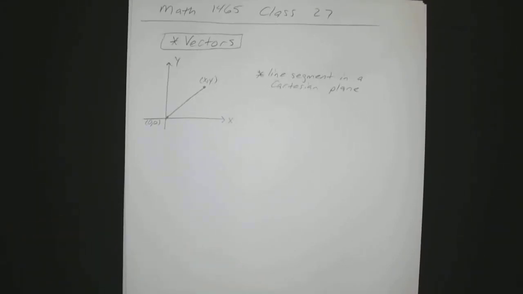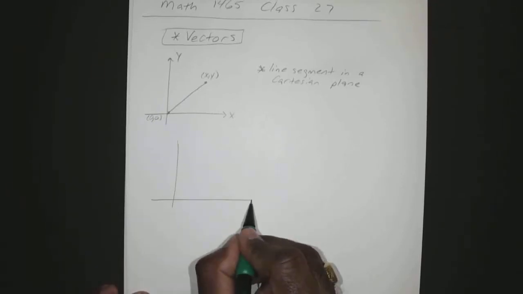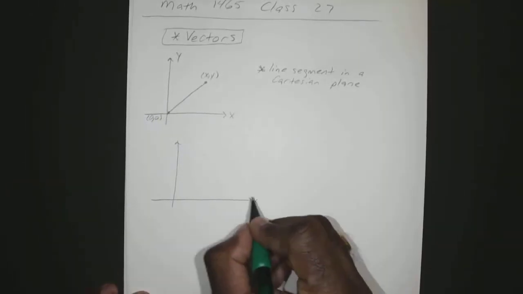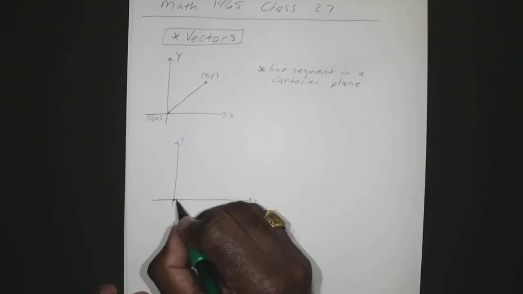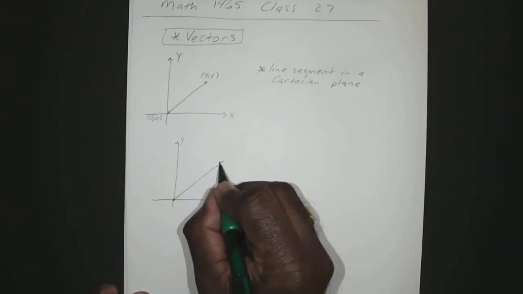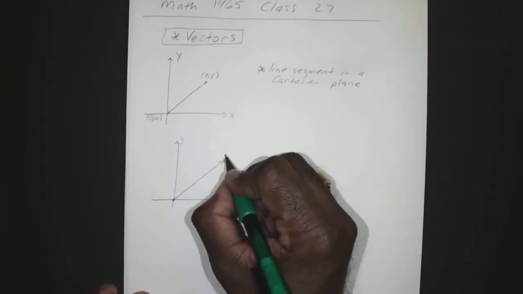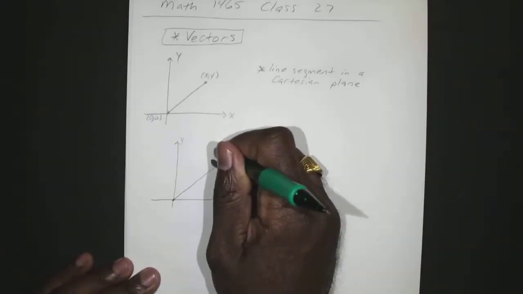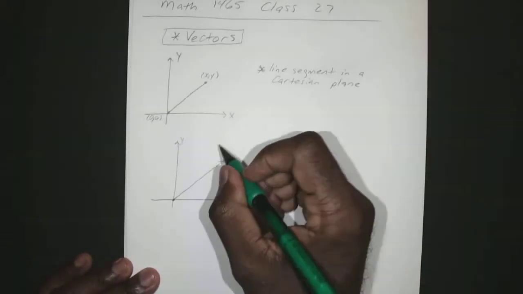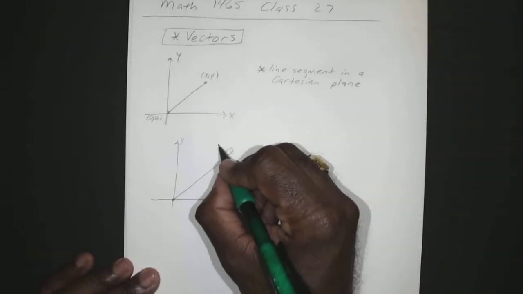The difference between a line segment and a vector: let's say you're still starting at 0, 0, but you have an arrow at the end going to some point, we'll call that point Q. And we'll call that our terminal point.